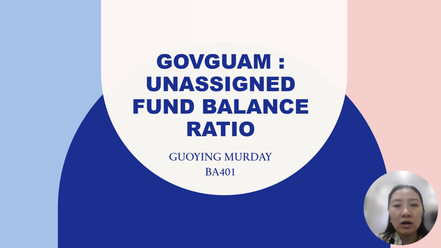If it's a very large ratio, it tells you that the government should be doing a lot more for the people than they are currently doing. If it's zero, it means they have assigned all of their money and have a plan to spend every dollar. If it's negative, it means they are planning to spend more than they have.